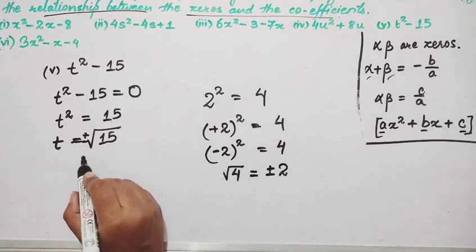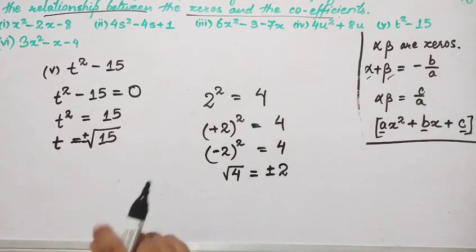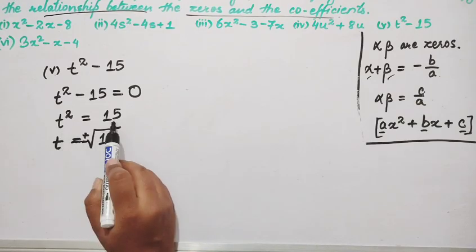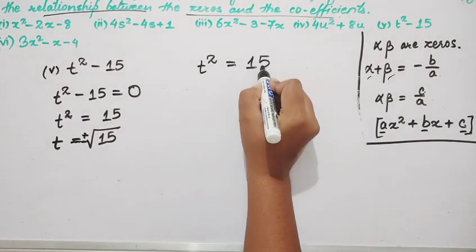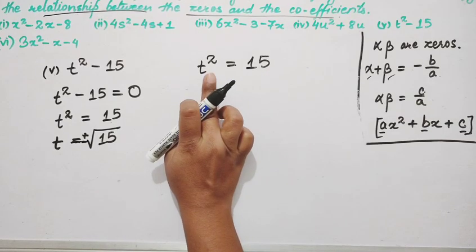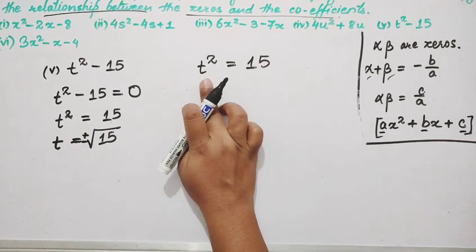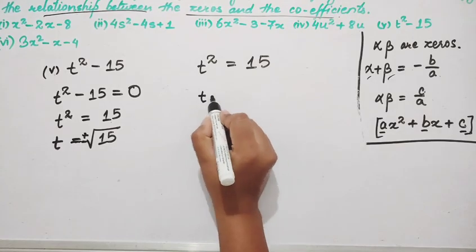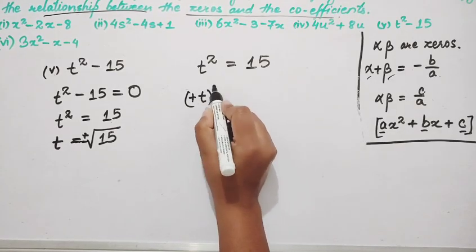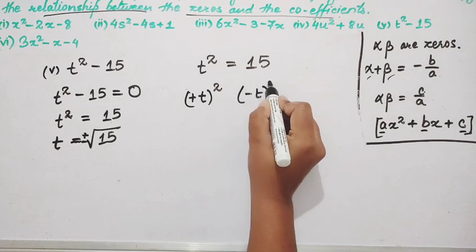The same way here, what we are doing is converting it. When we are trying to find out the answer of t square, here t square is 15. We already know the value of t square, which is 15, but it might be plus t whole square or minus t whole square.